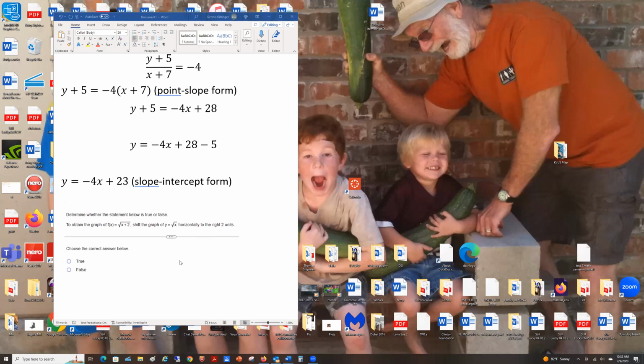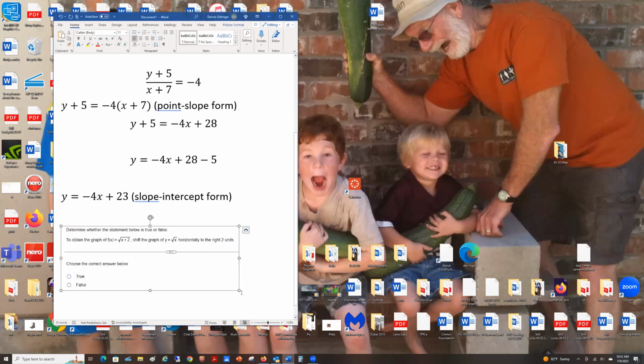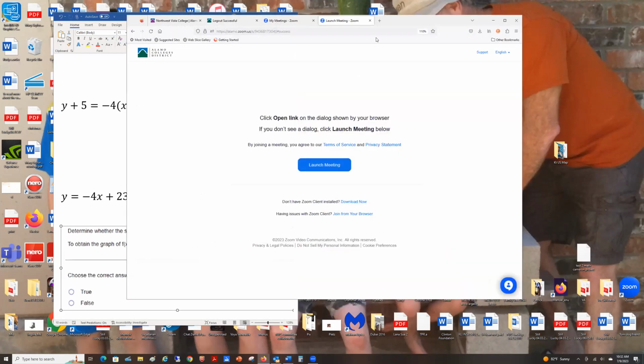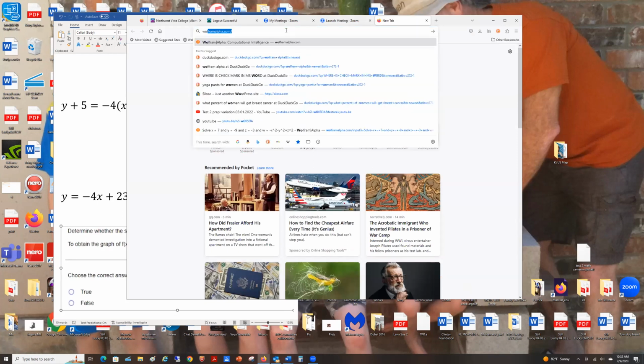How do I know that? Here's why. If you look at, I guess they would call that the parent function here, the square root of x. Here is a website that I want you to become familiar with.